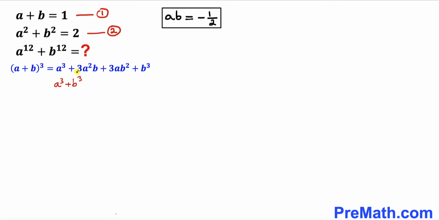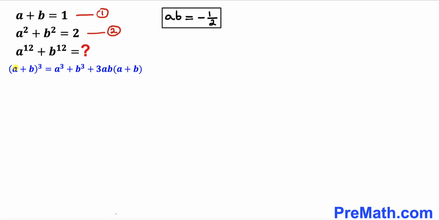Now let's focus on the next two terms. We can see 3ab is in common, so I can factor out 3 times ab, and inside parentheses is going to be a plus b. So we can modify this identity: (a plus b) whole power 3 equals a power 3 plus b power 3 plus 3 times ab times (a plus b). This is our new identity.